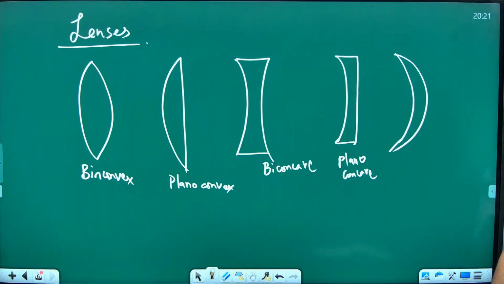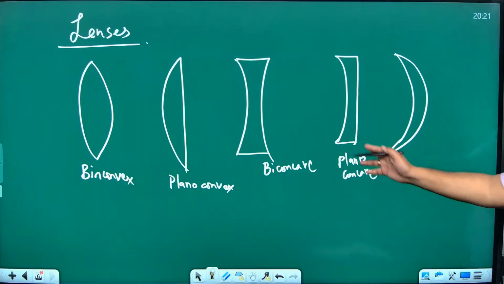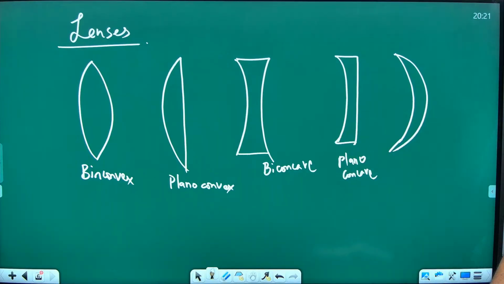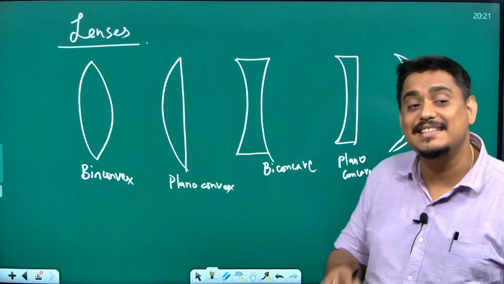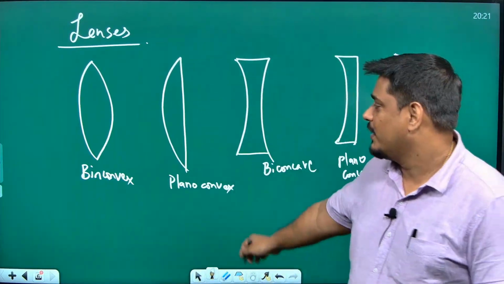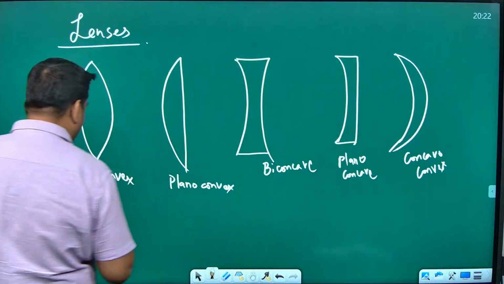It can be concavo convex or convexo concave. Both possibilities are there, based upon its net nature. Understand one thing. Biconvex means it will have a converging nature.